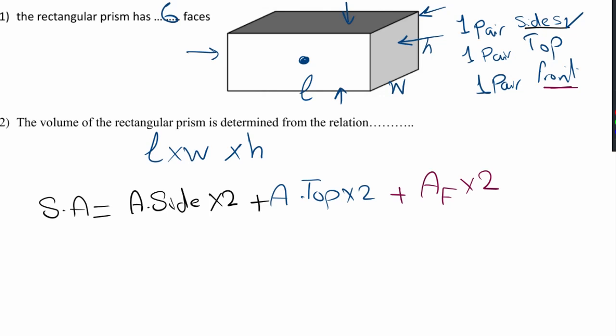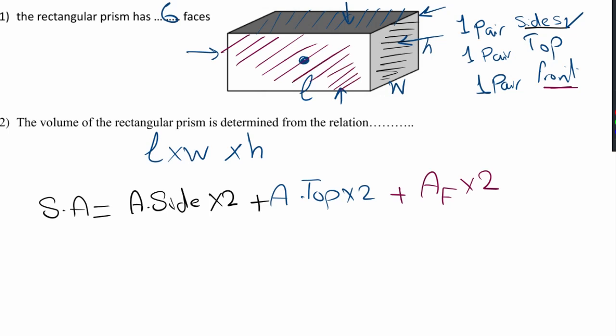Okay, area of side multiplied by 2, plus the area of the top multiplied by 2, plus the area of the front multiplied by 2. Okay, let's check the dimensions. The side is a rectangle with dimensions W and H, width and height.